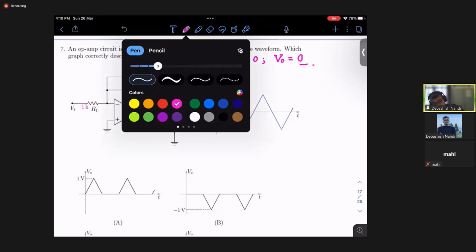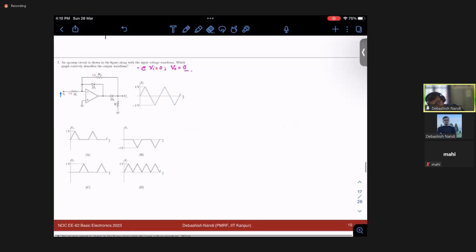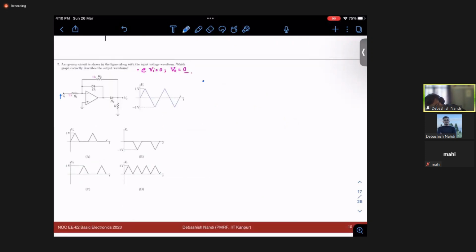Now, when I am in the positive half, suppose I am increasing this voltage. Let's say Vi greater than 0 and increasing. What will happen? This voltage will try to increase. If this voltage tries to increase, then this diode will be forward biased.